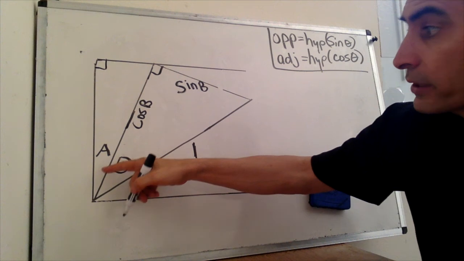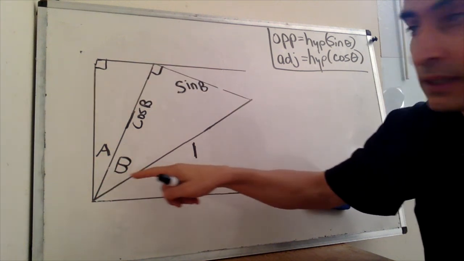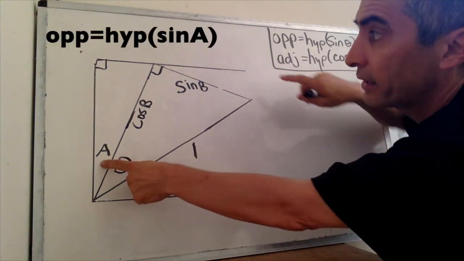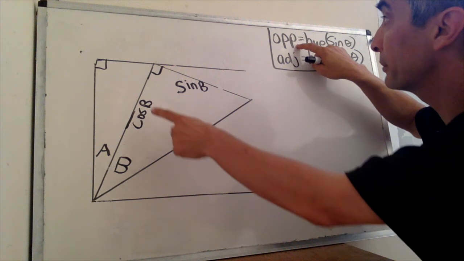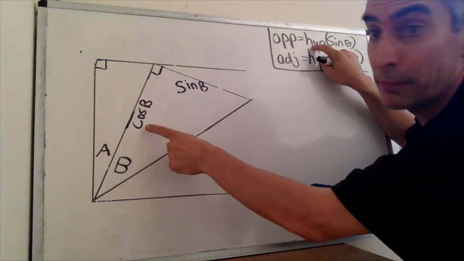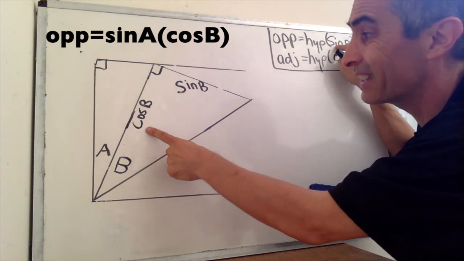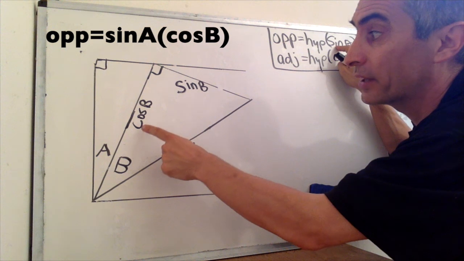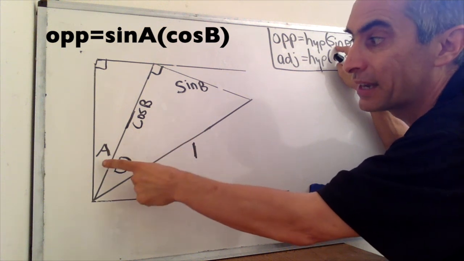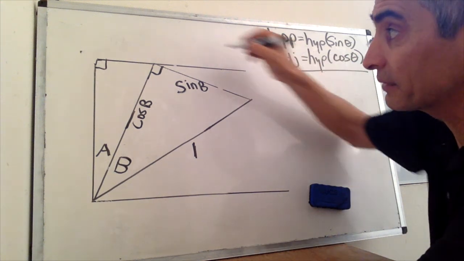And we're going to define this side and this side in terms of angle A. So angle A is right here. The side opposite is right here. And of course, we use our opposite formula. Opposite means the hypotenuse, which in this case is the cosine of b, times the sine of the angle, which is A. So this is going to be the cosine of b times the sine of A, or the sine of A times the cosine of b.